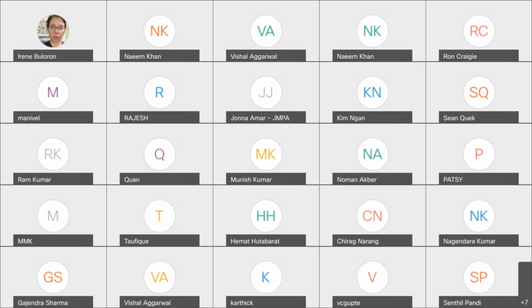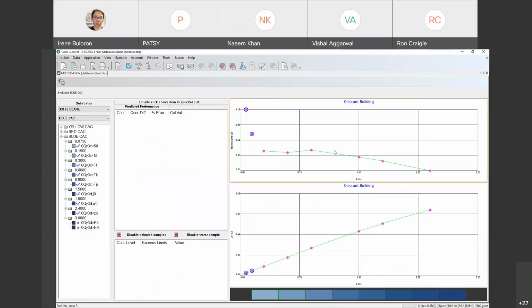Mr. Gupte, in answer to your question, Pansy said we don't have multiple dyes in a single curve representation. But if we use the remote output, we can plot the graph in Excel.